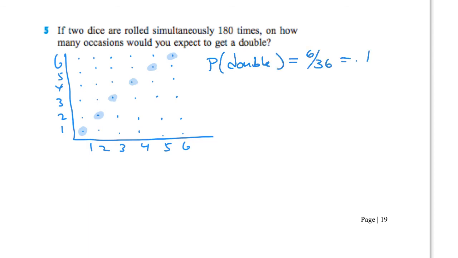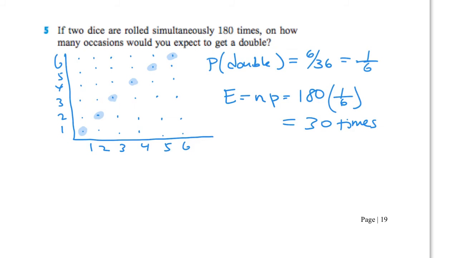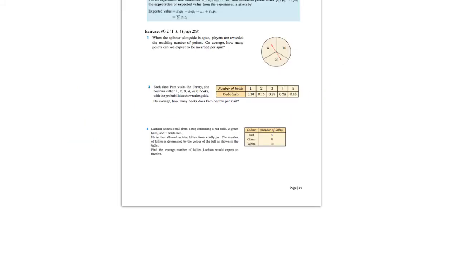That would reduce to a 1 in 6 chance. So if I go with the E equals np idea, if you tell me I'm going to roll 2 dice 180 times and a sixth of the time I should get doubles, I should get doubles 30 times. Okay, moving to page 20.